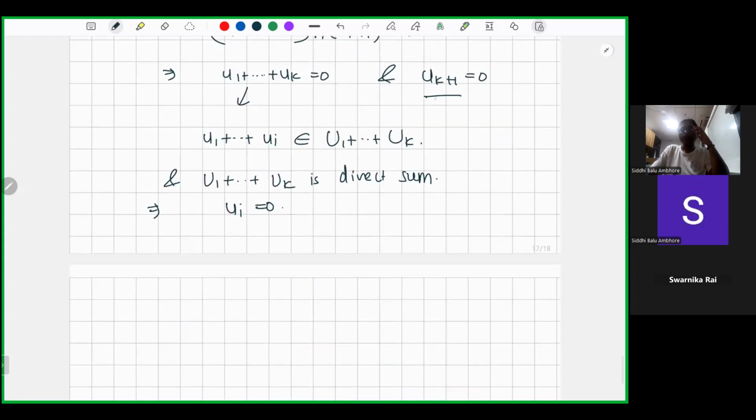And now I got the k plus 1 term as 0. And since u1 plus ... plus uk falls under the induction hypothesis, and this addition is 0, we get that each ui is 0 by induction hypothesis for n equal to k.